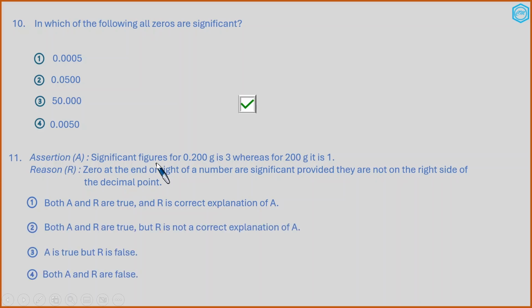The assertion is correct. So the number of significant figures here is 3 and here it is only 1. But the reason is wrong. Zeros at the end or right of a number are significant provided they are not on the right side of the decimal point. If they are on the right side of the decimal point, they will be significant. So assertion is true, but reason is false.